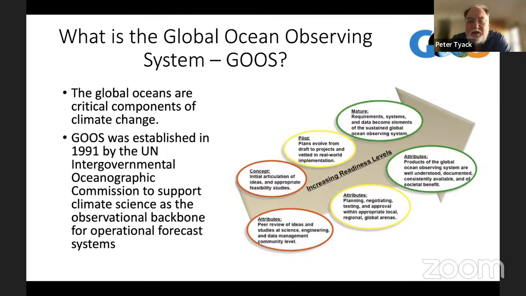And I'm a research scientist. I mainly focus on the red circle areas of the increasing readiness levels. The Global Ocean Observing System views a major part of its role as developing quite mature elements of the observing system. And you might think about, for example, weather.